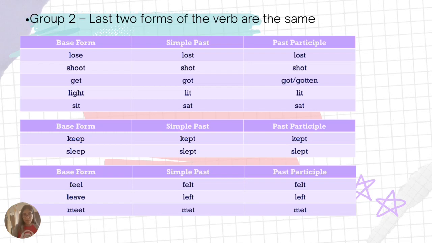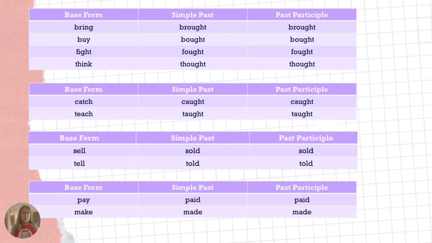For example, the verb get, got, gotten; the verb light, lit, lit; the verb keep, kept; the verb feel, felt; the verb bring, brought; the verb catch, caught; the verb sell, sold; or the verb pay, paid.